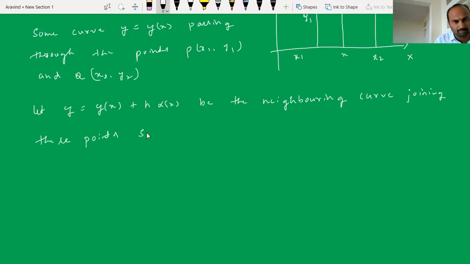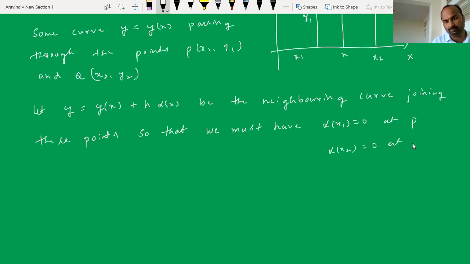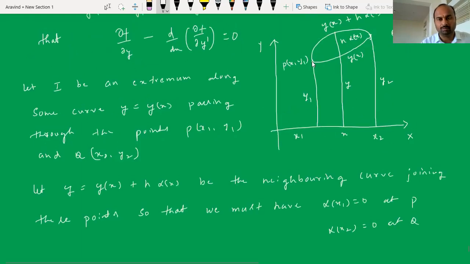So that we must have α(x1) = 0 at P and α(x2) = 0 at Q. Means these two curves coincide.